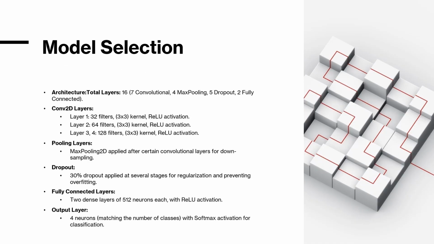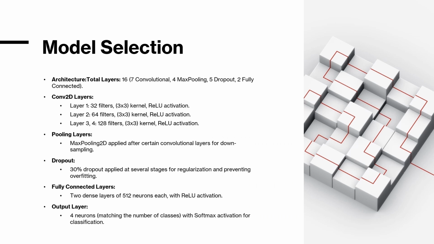Then the model selection. The architecture of my model consists of 16 layers, including 7 convolutional layers, 4 max pooling layers, 5 dropout layers, and 2 fully connected layers. The convolutional layers utilize ReLU activation functions, and a 30% dropout rate is applied to prevent overfitting.